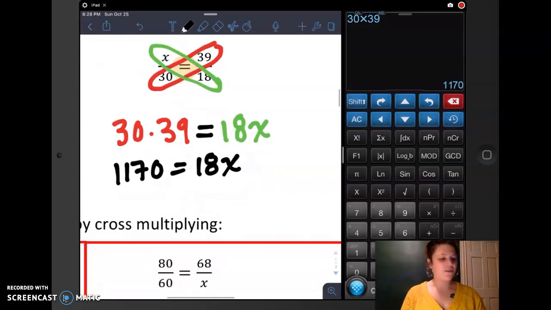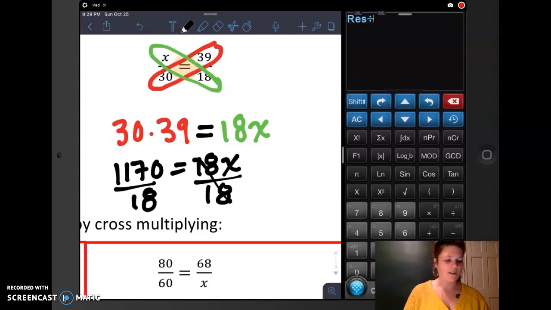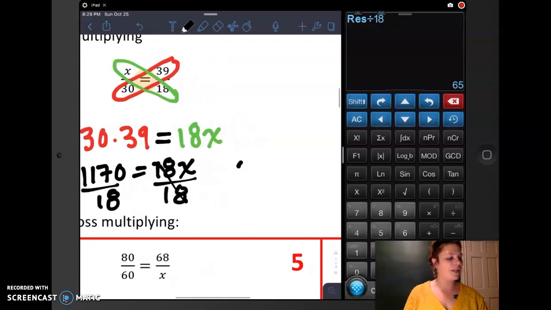So we're going to divide by the 18. That tells us how much each x is worth. We don't care how much 18 x's is worth. We want to know how much one x is worth. So we're going to divide by 18, and we get x is equal to 65.